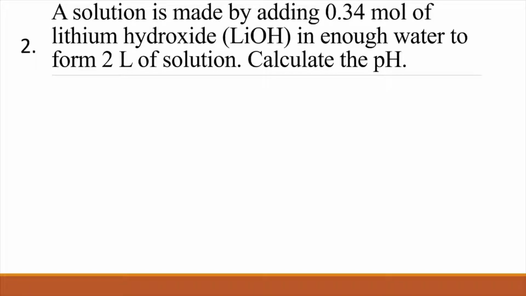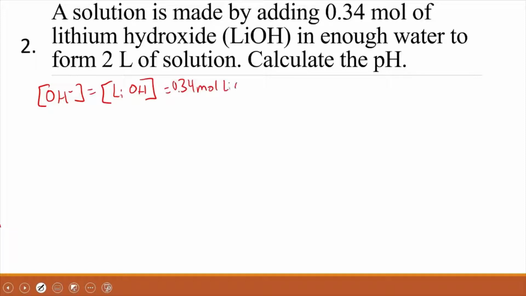And the concentration of hydroxide is going to be equal to the concentration of lithium hydroxide, as it's a 1-to-1 ratio. So we are told that there are 0.34 moles of LiOH. And we could just go ahead and write that that's 1 mole of OH minus for every 1 mole of LiOH.